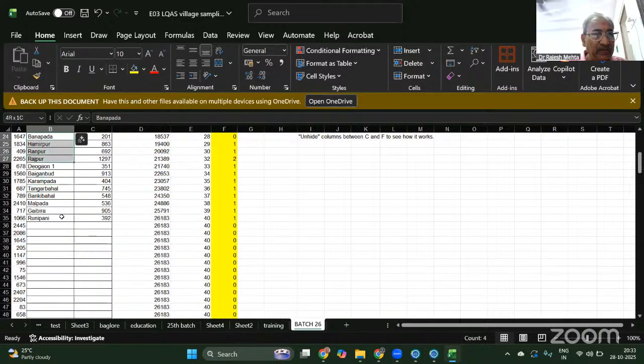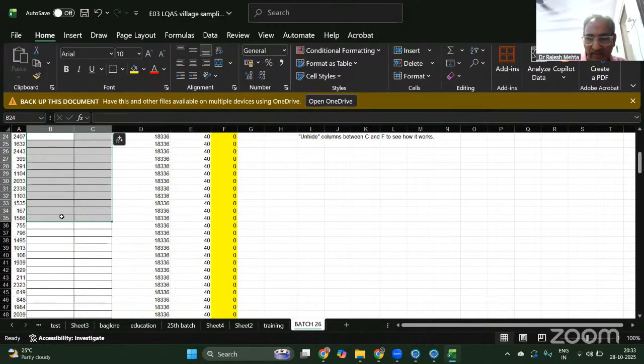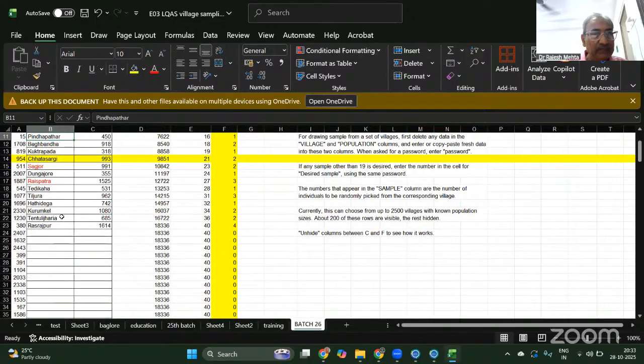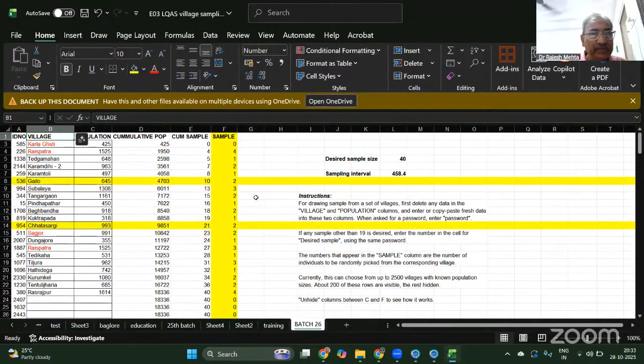This village is also to be removed. Or even you can overlap this, right? This will save a lot of time.